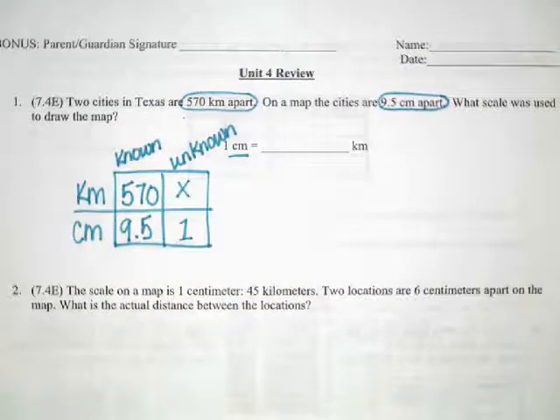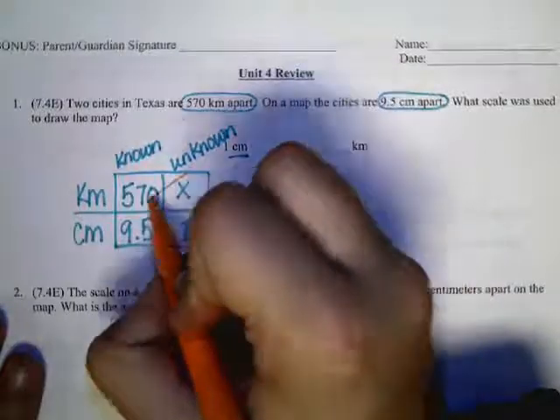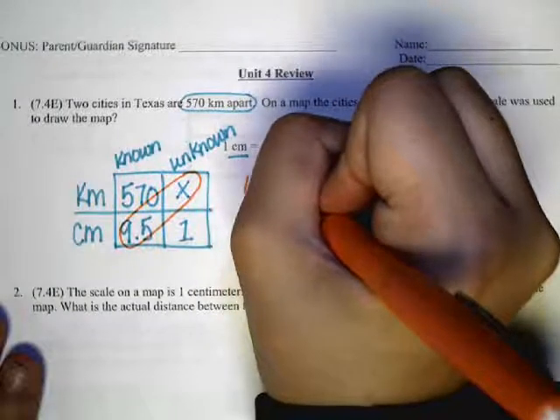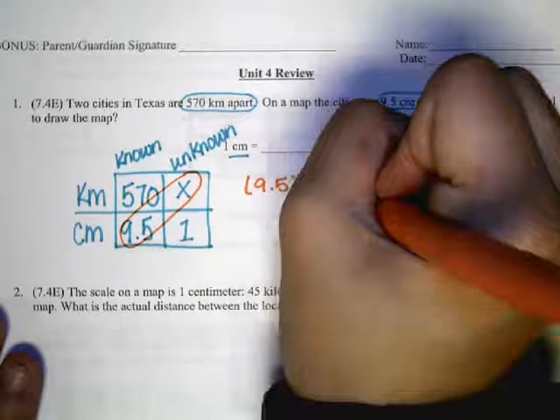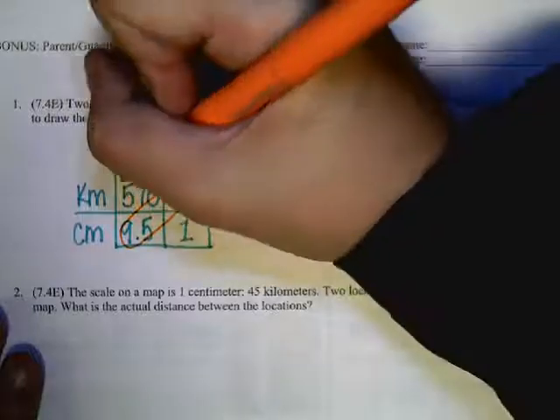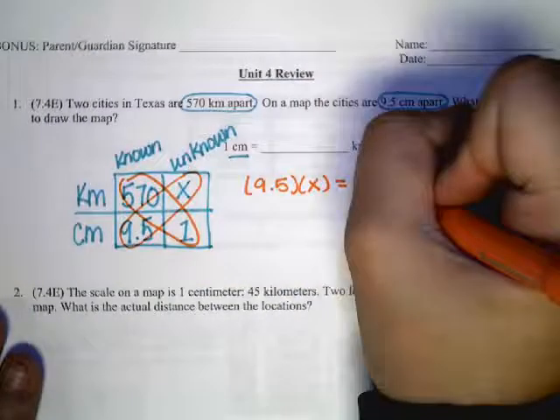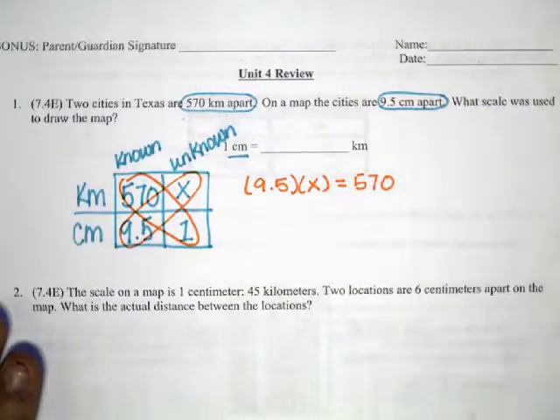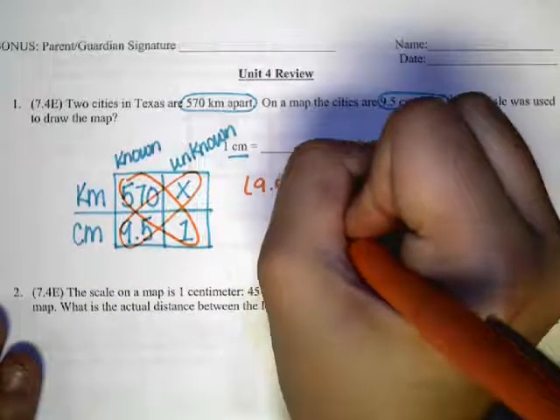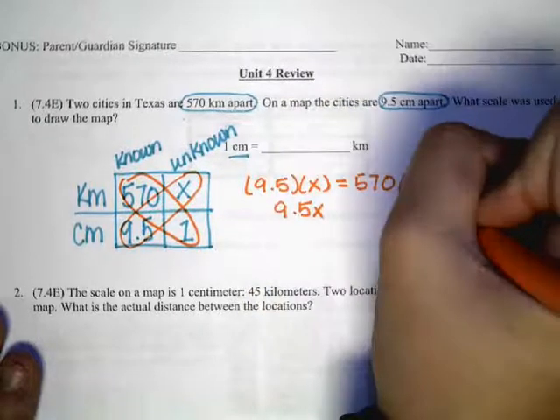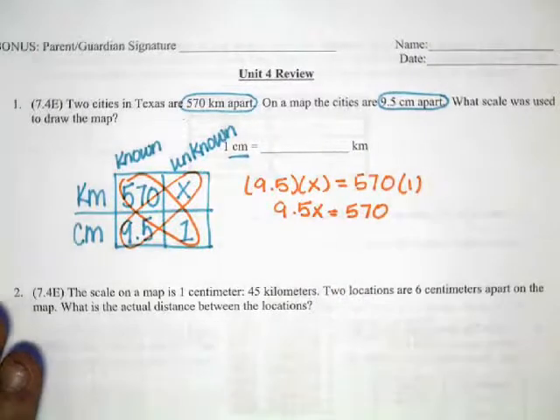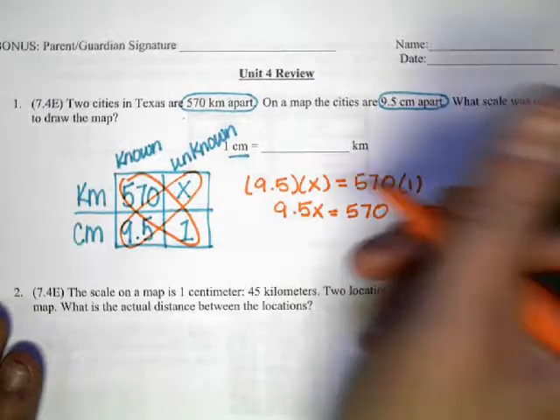After you set up your proportions box, solve for x by using a cross product. So 9.5x equals 570 times 1. To get x by itself, we are going to divide by 9.5.